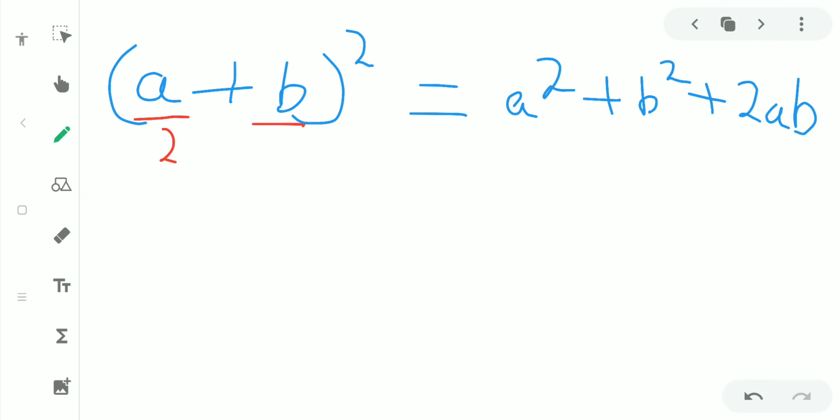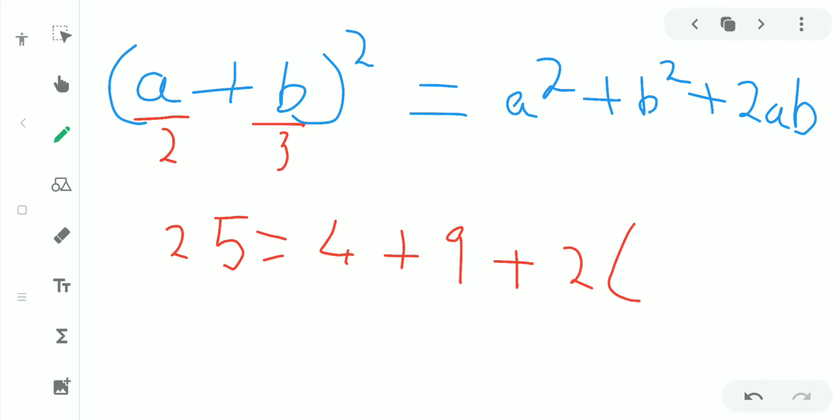So 2 plus 3 is nothing but 5 and 5 square is nothing but 25, which equals a square, nothing but 2 square 4, plus b square, nothing but 3 square 9, plus 2 into a, which is 2, and b, which is 3, 2ab.